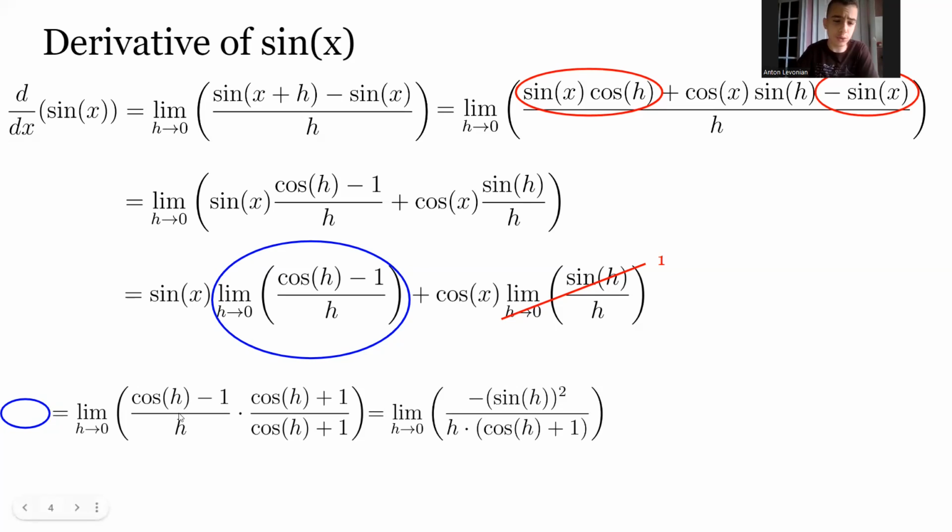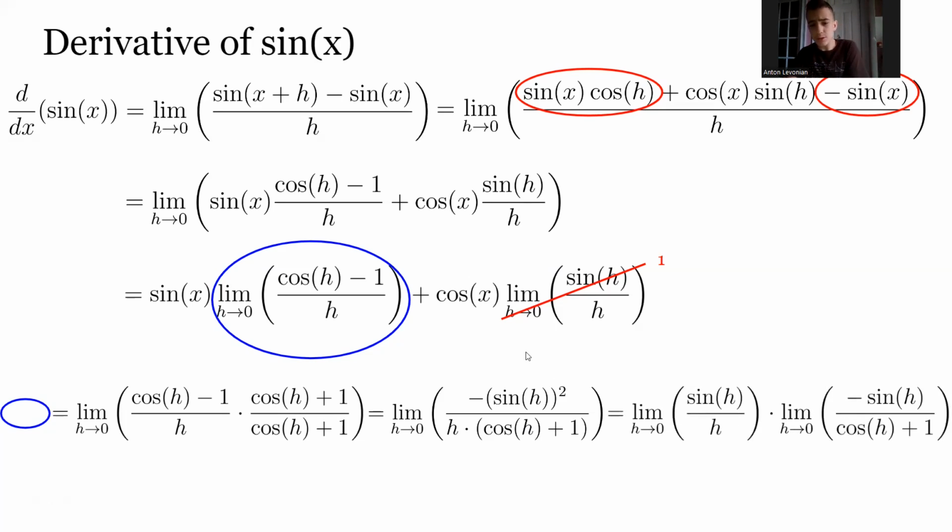The numerator turns into cosine of h squared minus 1, just by the difference of squares formula. And then, of course, you can use the most basic trigonometry identity, the Pythagorean identity. That will be equal to negative sine of h squared. And then in the denominator, you have h times cosine of h plus 1.